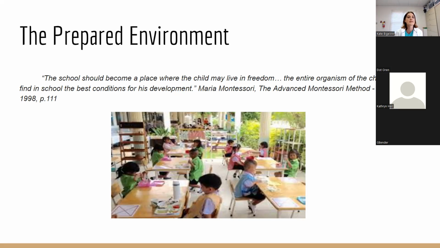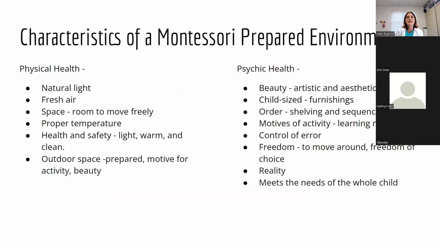Now, while that quote is necessarily applicable to schools, I feel it can be applied to the home environment as well. Let's talk about some of the characteristics of a Montessori prepared environment, whether that be in a school setting or in a home setting. First and foremost, the first thing we're looking at is the physical health that can be seen in that environment.